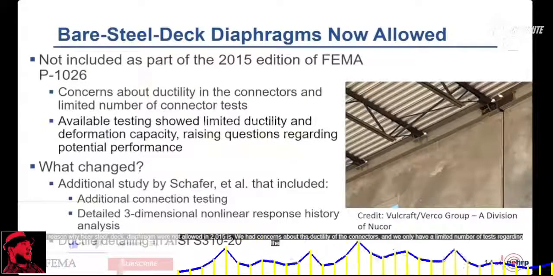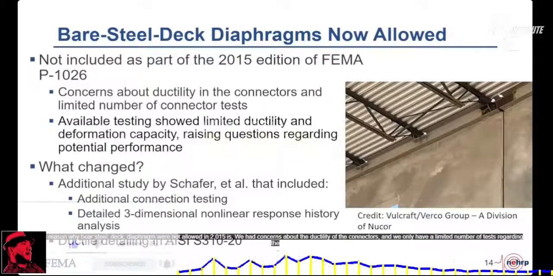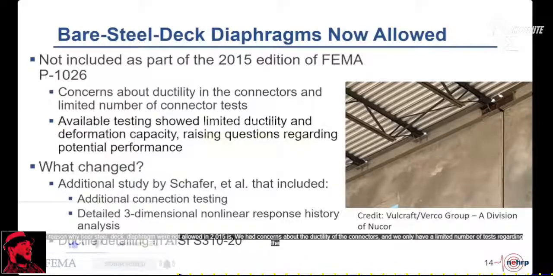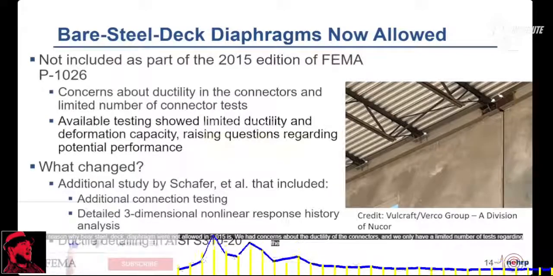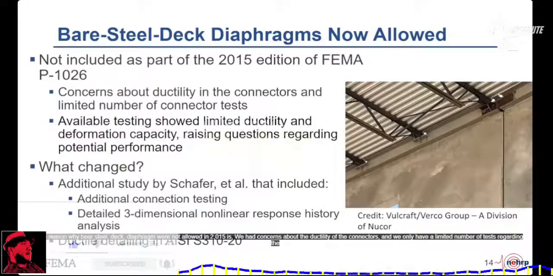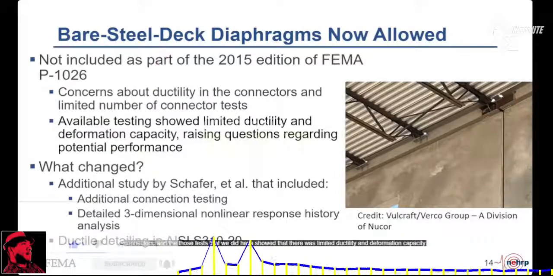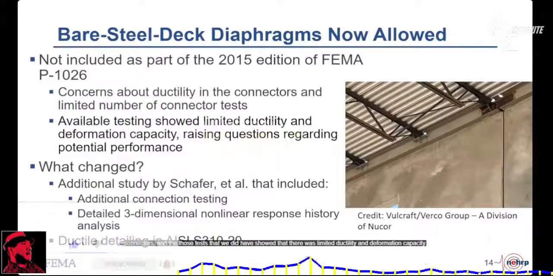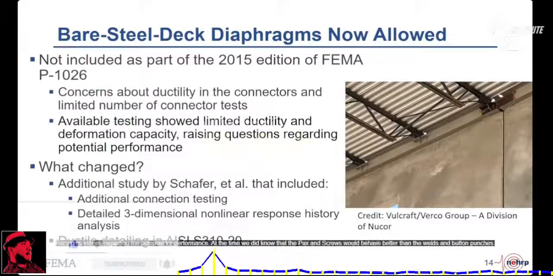The reason why bare steel deck diaphragms were not allowed in 2015 is we had concerns about the ductility of the connectors, and we only had a limited number of tests regarding the connectors. Those tests showed limited ductility and deformation capacity, raising questions regarding the potential for performance.